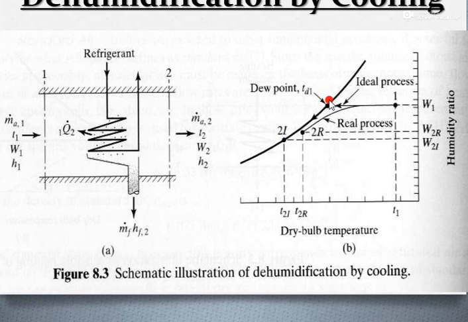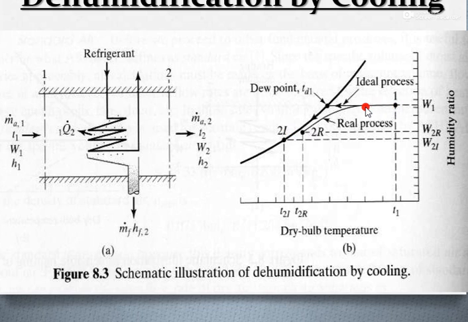When the moist air after cooling attains the dew point temperature, or we can say ADP, apparatus dew point temperature, then the water vapor will start condensing and it will come to this point.